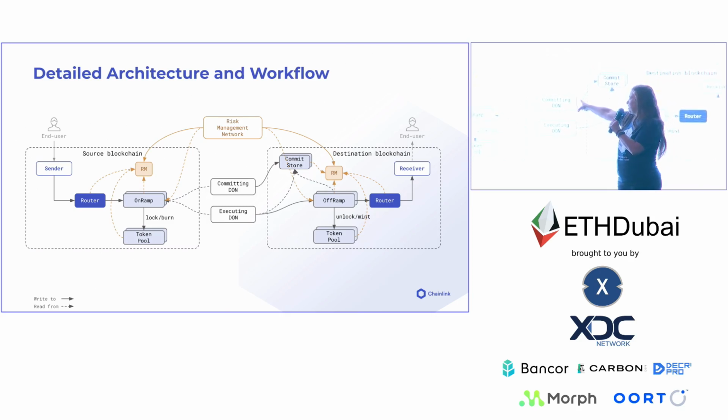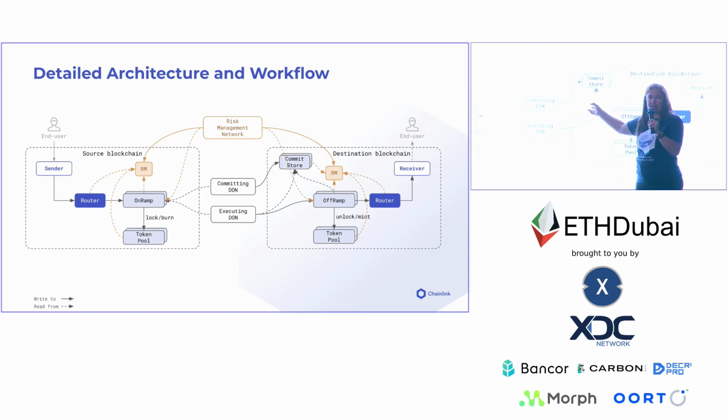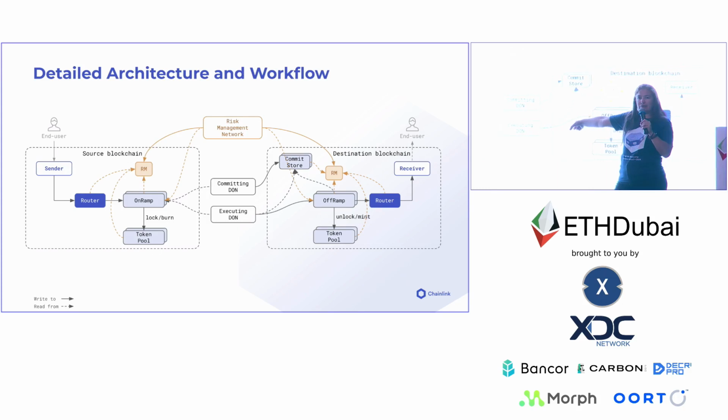Also, we have the Committing DON that proposes my transaction to appear in the other blockchain. The Risk Management Network checks if my transaction is good in the destination blockchain, if it is not manipulated, if it's not a double spend, if you don't have any problem over there. And then the Executing DON, it's another decentralized network, executes the transaction only after the other networks did their part.